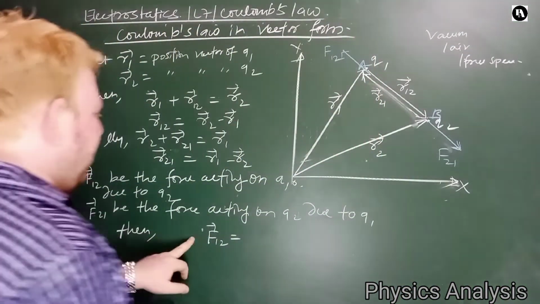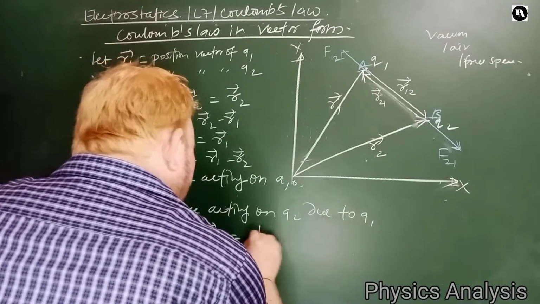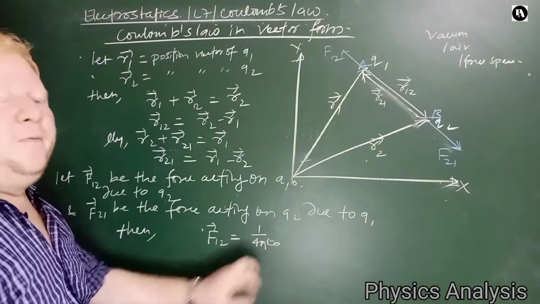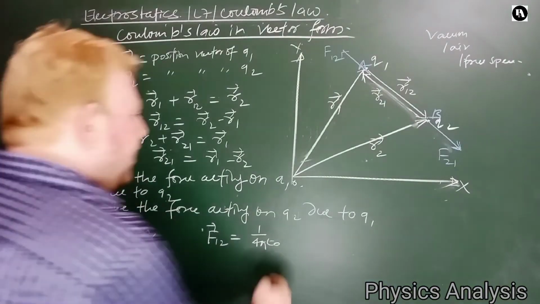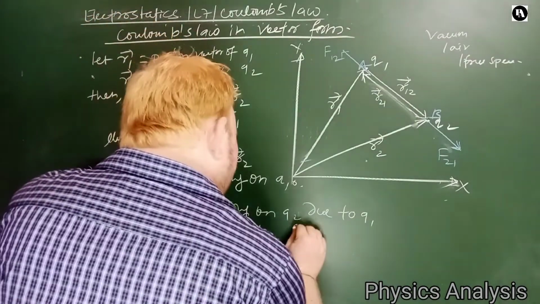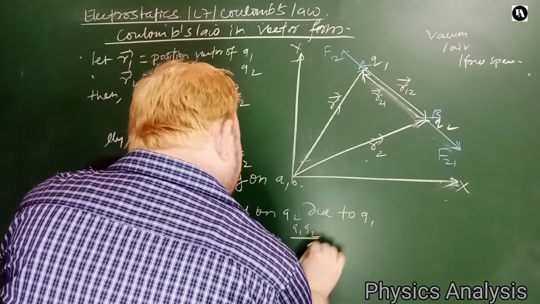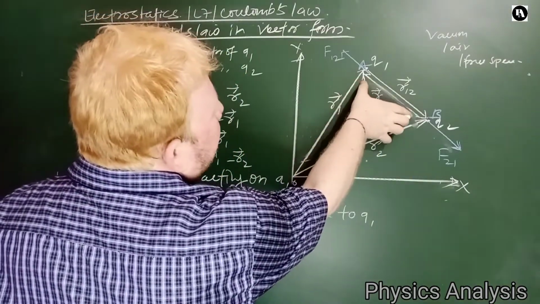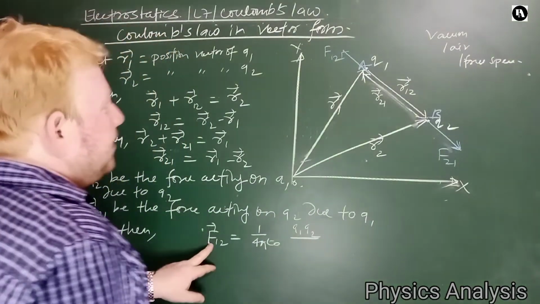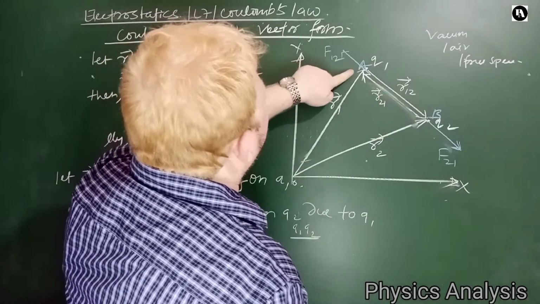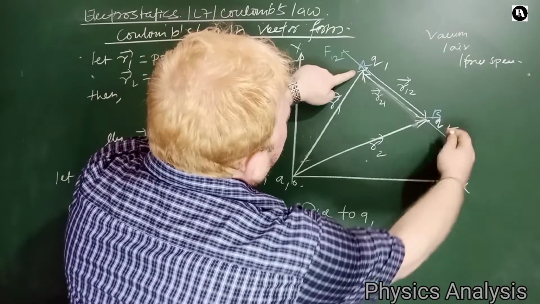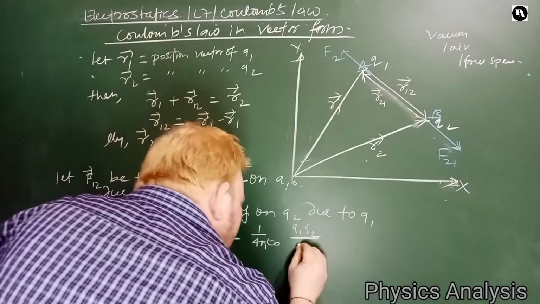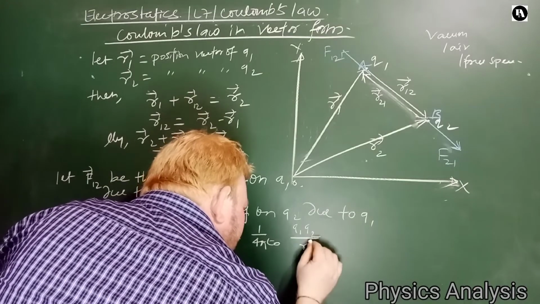So I will write F12 is equal to 1 by 4 pi epsilon naught for vacuum, air or free space, and Q1 of course Q2 by R square. R means the distance between these two, and we are talking about F12. F12 means force acting on 1 because of 2, taking this direction, so this direction R21, right? R21 the whole square.